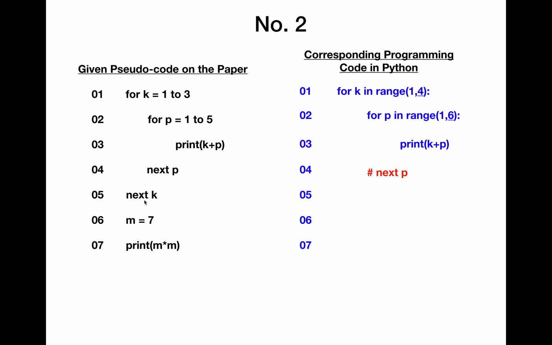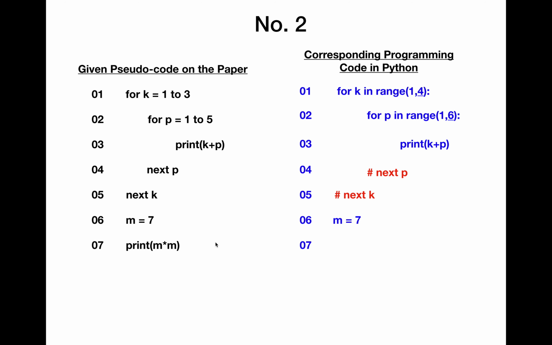And similarly, in line 5 we have next k, and this is a closing statement for the outer loop, which is started by line 1. Again, Python does not explicitly have such a statement, but what we'll put here is next k with a comment sign there. Line 6 is m equals 7, and we will have m equals 7.